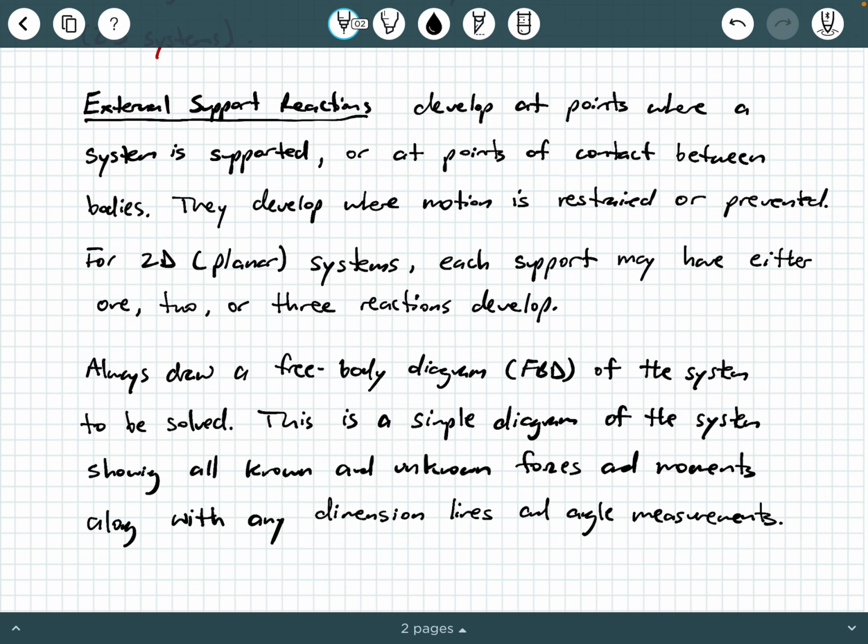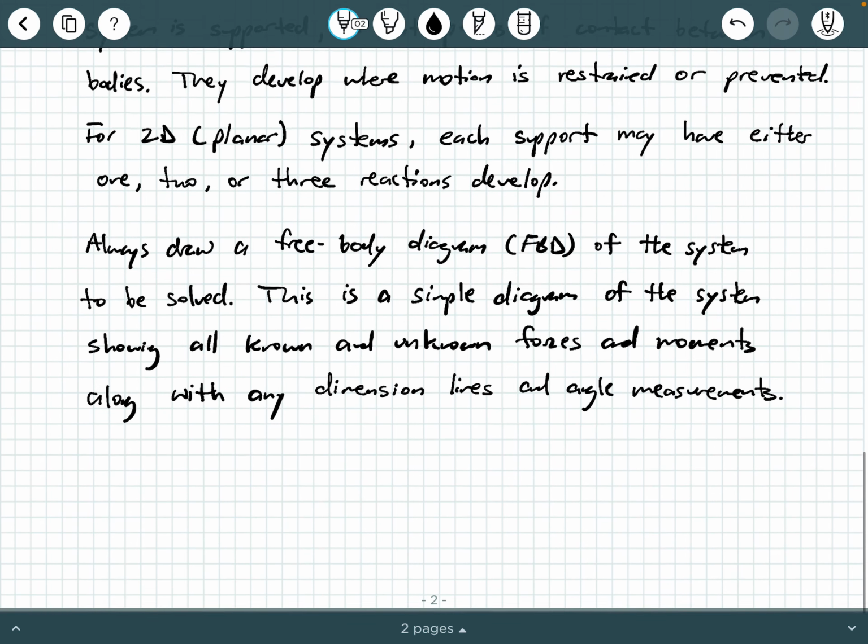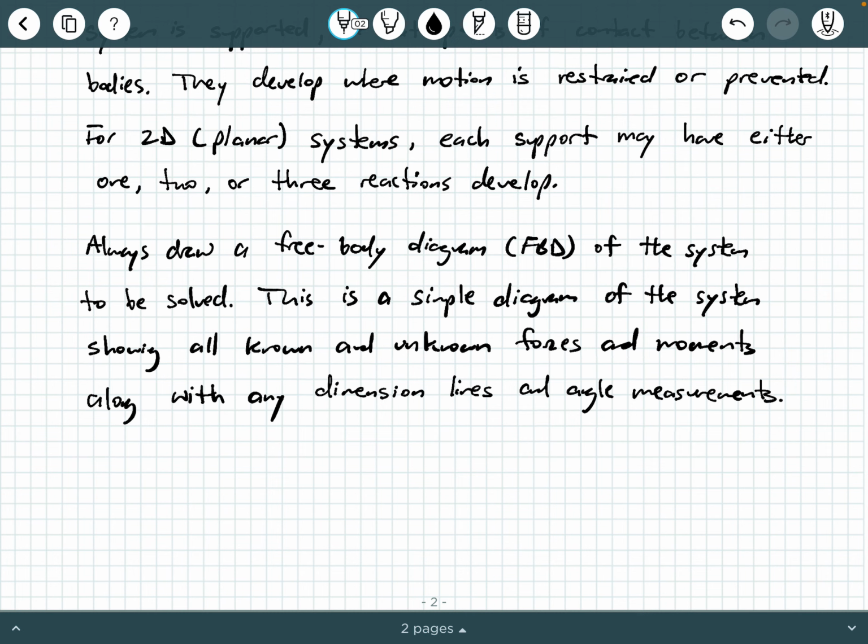Okay? Now, once you draw a free body diagram of whatever system you're interested in, you typically then apply equilibrium equations to solve for unknown forces and moments. Okay, so we'll make a note here.